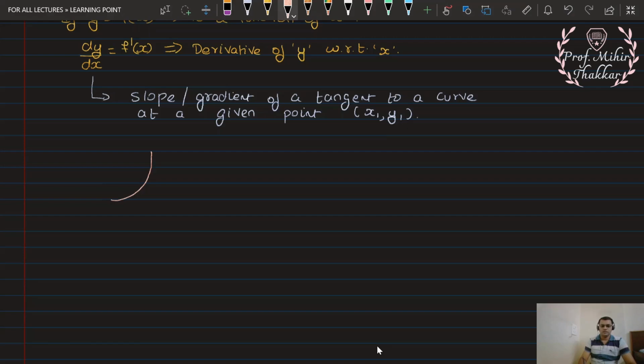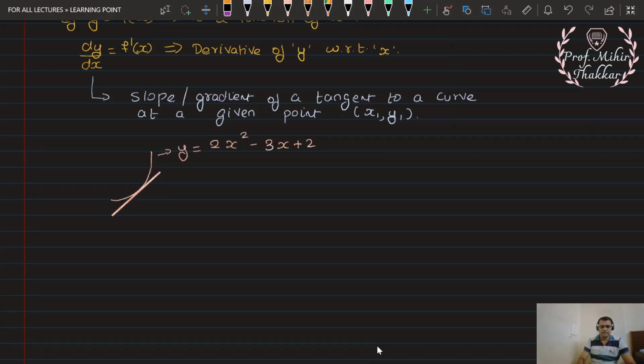this is a curve whose equation is y is equal to 2x square minus 3x plus 2, and suppose I have a tangent which is going on something like this.